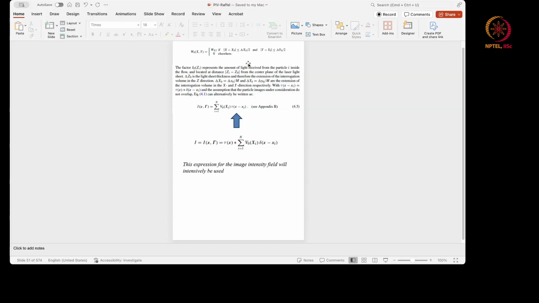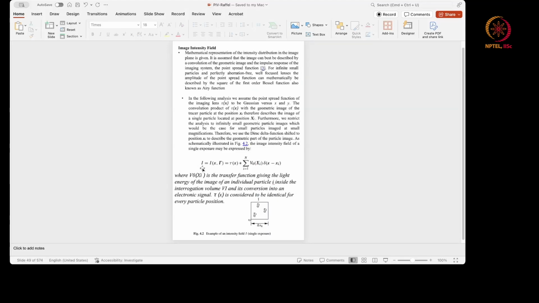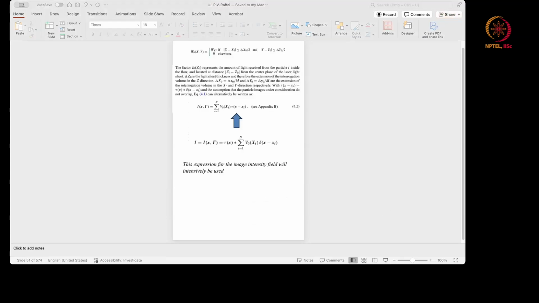If you take a look at this particular equation, which we already discussed, you can transform it into this particular form. There are many things here which we'll come across a little later, but this is the form that is to be used.